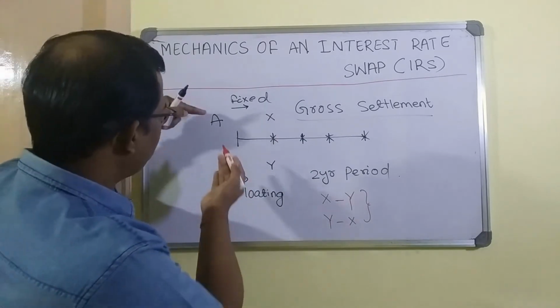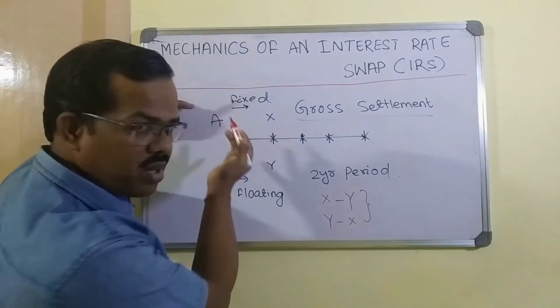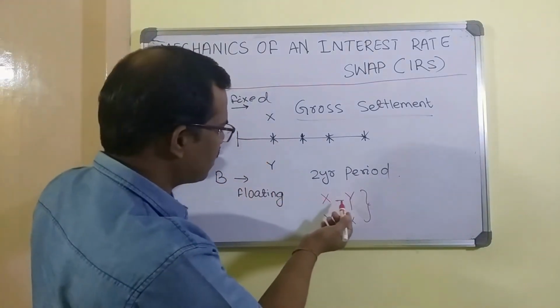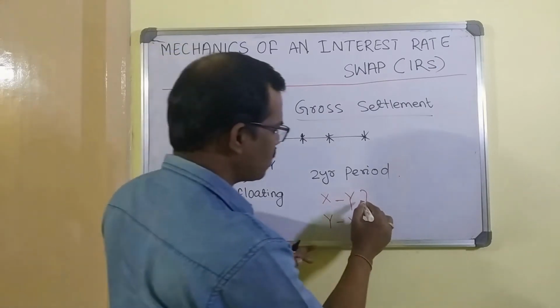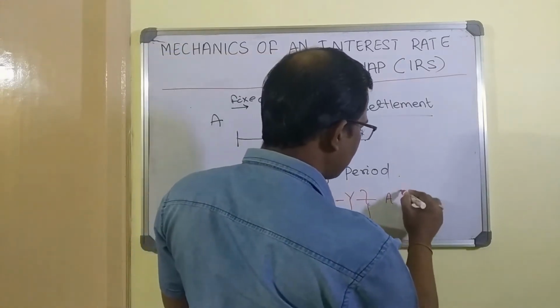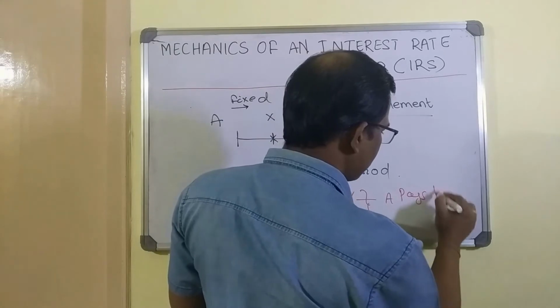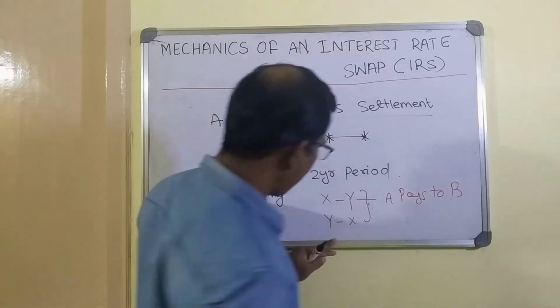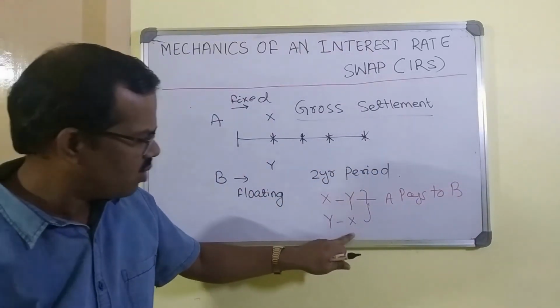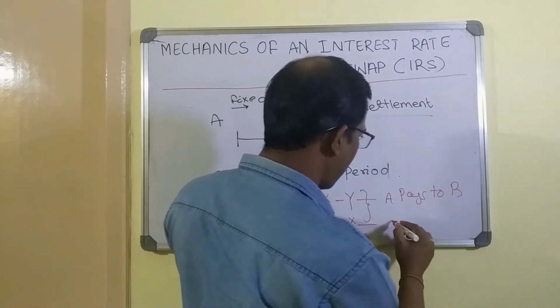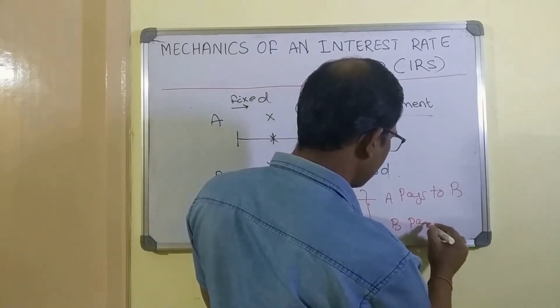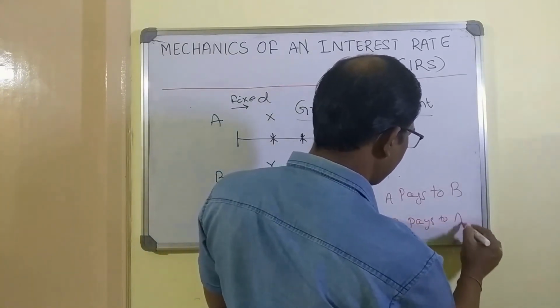If A's payment is more, that is X is greater than Y, then X minus Y will be paid by A to B. And if Y is greater than X, then Y minus X will be paid by B to A.